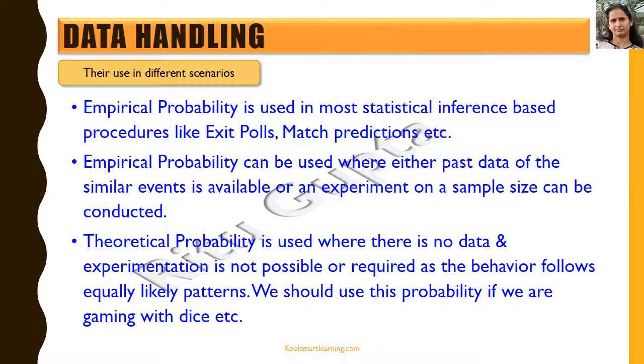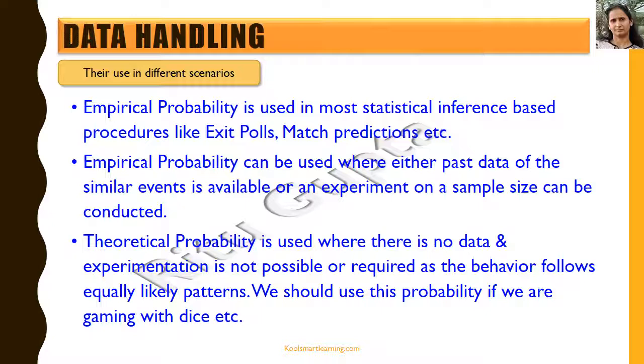There is no need to have any experimentation done to find out about the probability, because they're all equally likely events. Even in the past, if something else has happened, this is simply based on the equally likely events and their theoretical probability.